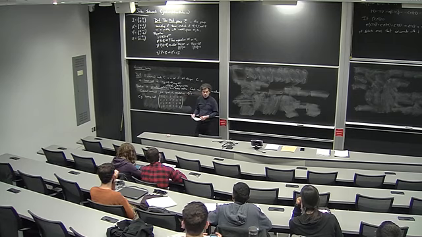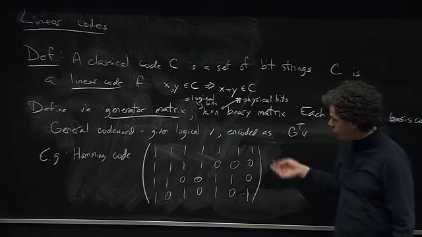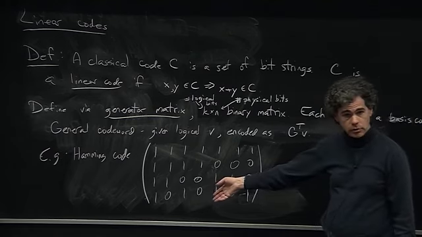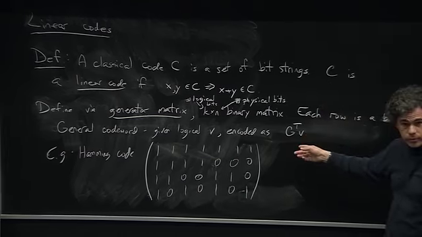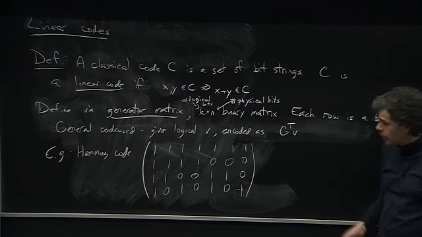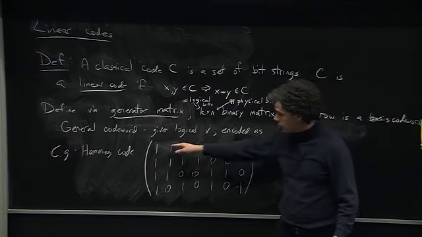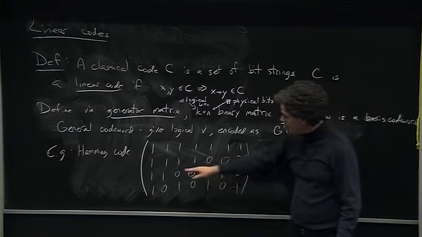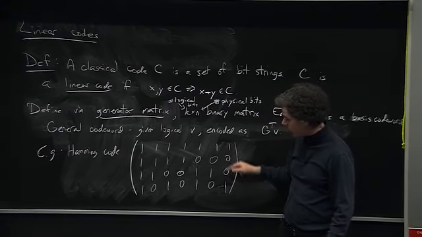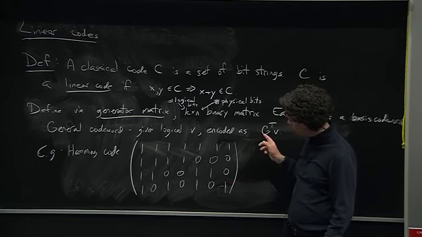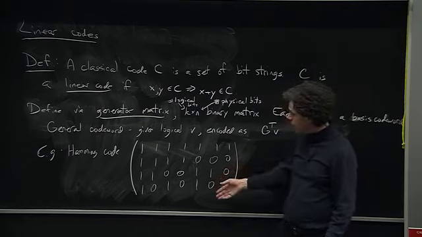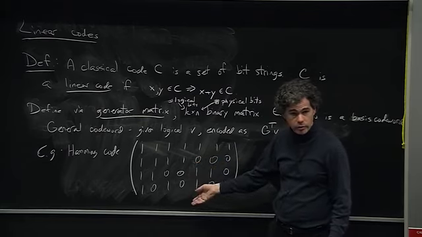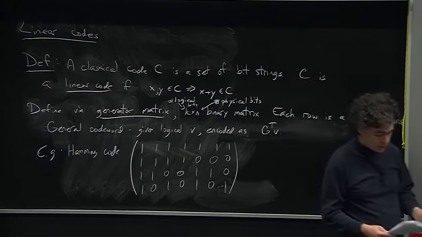So for instance, this linear code contains the all zeros vector, because you can get that from v being all zeros and applying G. It contains this vector, all ones, contains this vector, contains the sum of this and this, which you could get from 0, 1, 1, 0. Basically, you can think of just adding up some subset of rows of this matrix and getting all the code words.